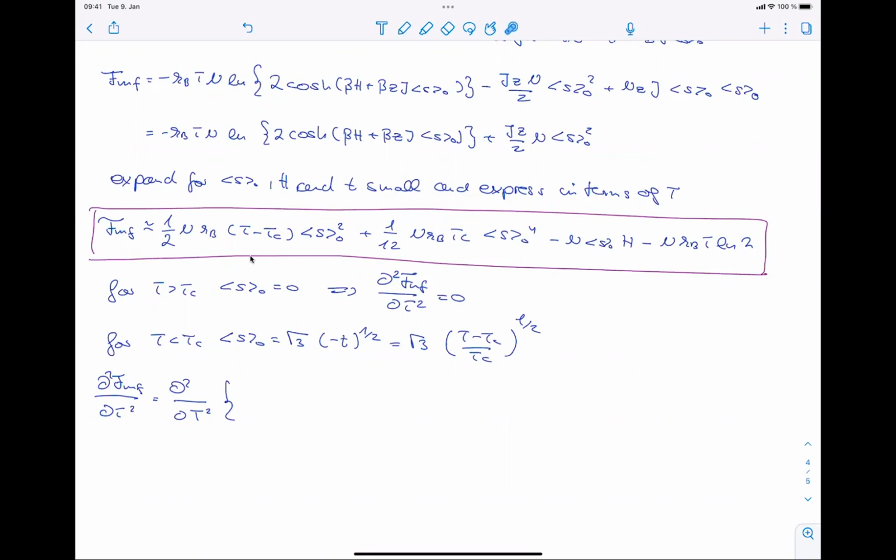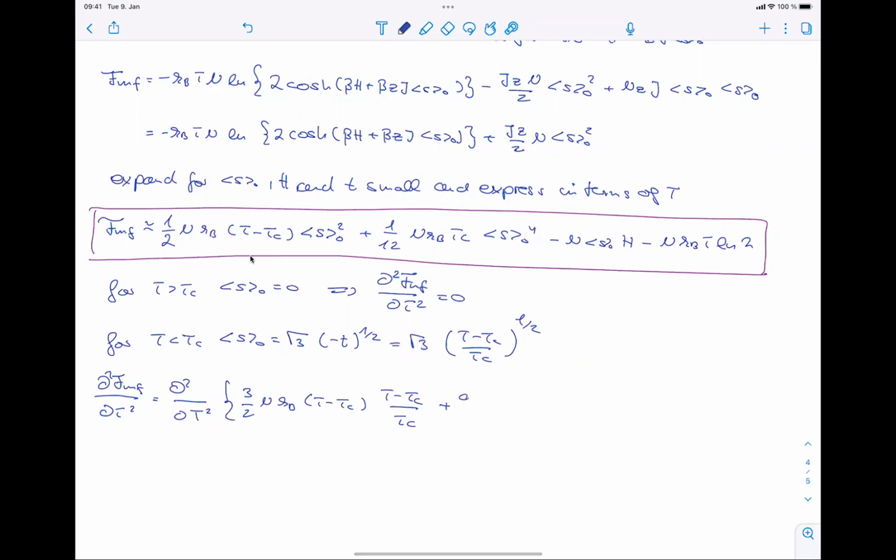So here we have a square, so we're squaring this one, so we get 3 over 2 N KB. Then we have a T minus TC here, and we got another T minus TC over TC popping up from the magnetization. Then we have a quartic term to the power of 4.